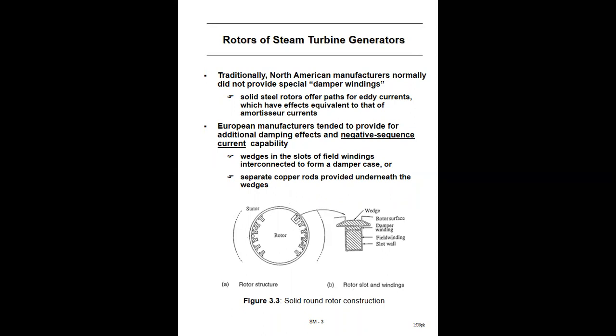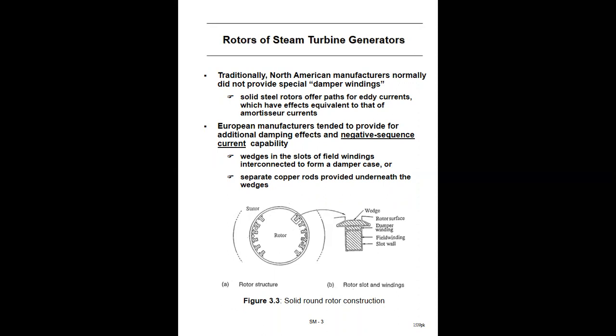If you talk about European manufacturers, they provide additional damper winding for effects and negative sequence current capability. The wedges on the slots of the field winding are interconnected to form a damper cage, or separate copper rods are provided underneath the wedges, that is, the windings.